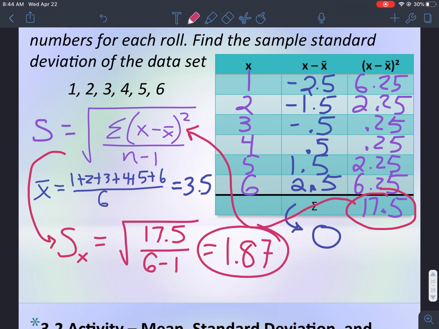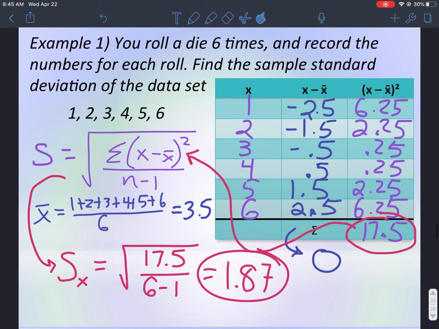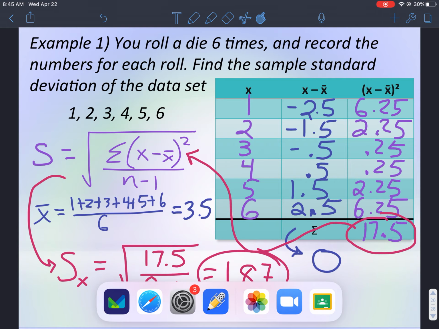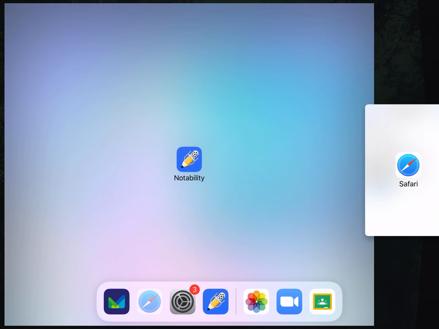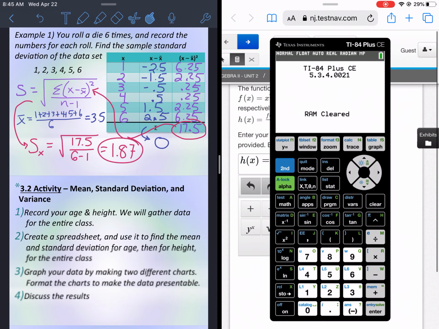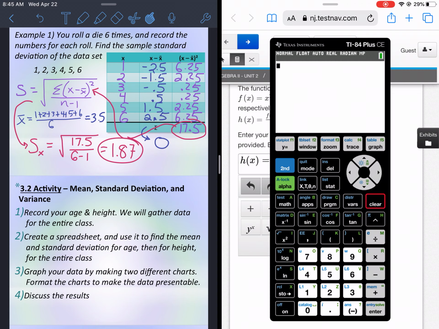This is also a good opportunity to demonstrate how to find that answer using the graphing calculator. Let me bring up a calculator. Here we go. I am going to put this data set in under L1.